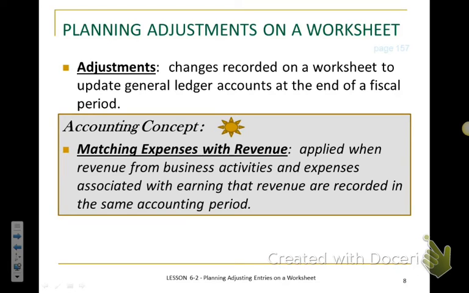It is applying what we call the matching rule. This is an accounting concept that is very, very important. We will work with it extensively second semester. Basically it says the matching of expenses with revenue. Whenever a business reports revenues, we've got to try to match the expenses that are associated with the revenues that were generated.